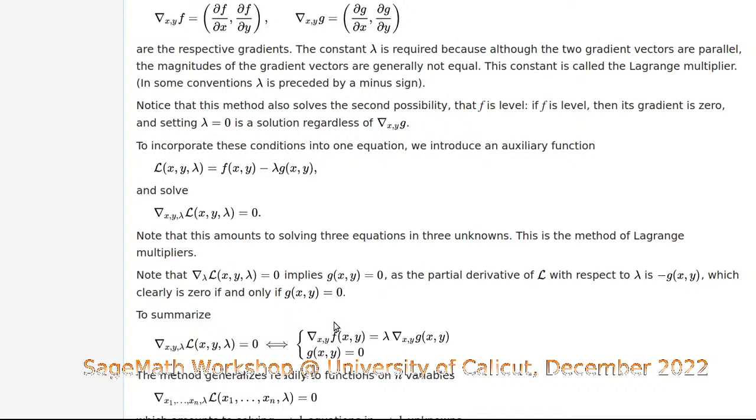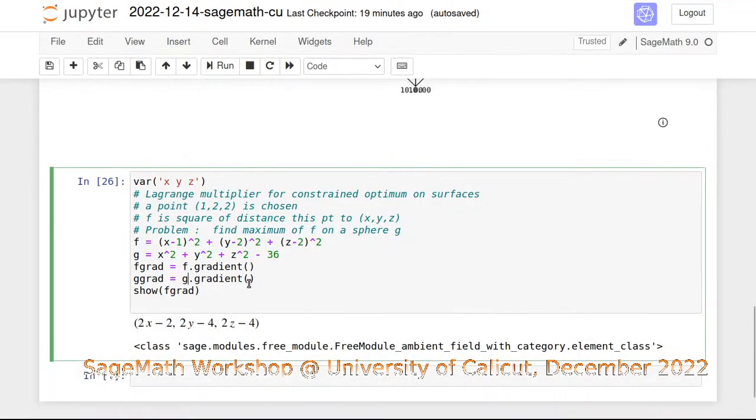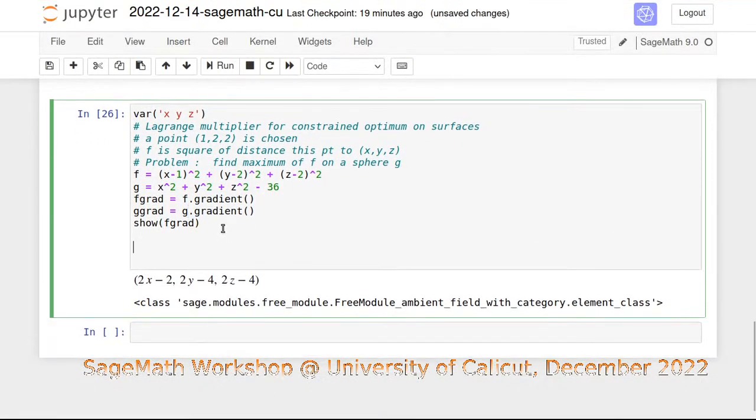So we are trying to now solve f gradient minus some variable L. So we need to define it as a variable once again.